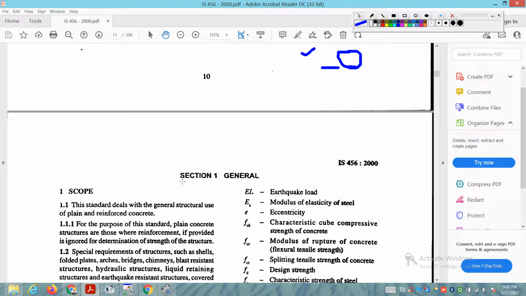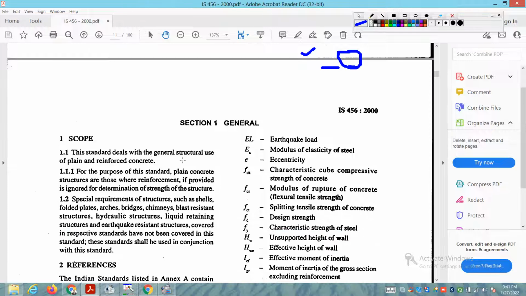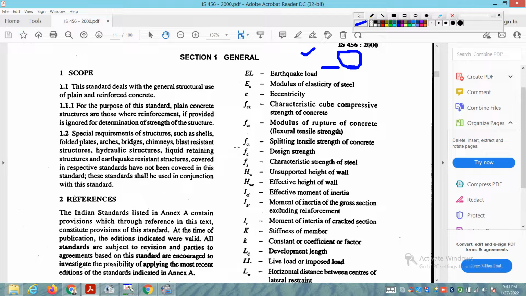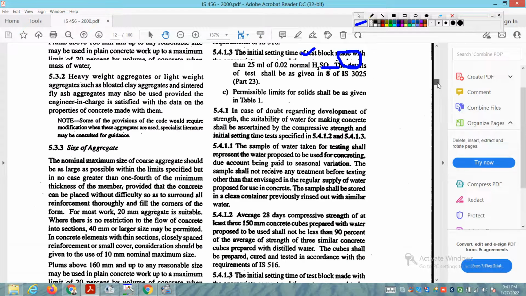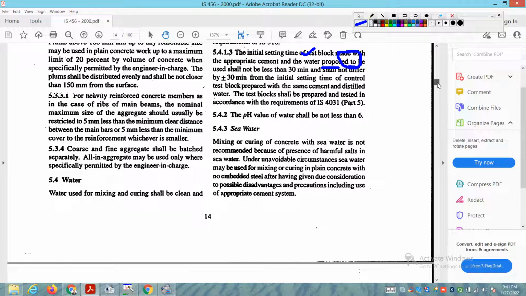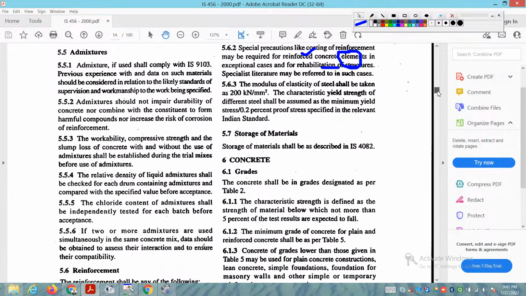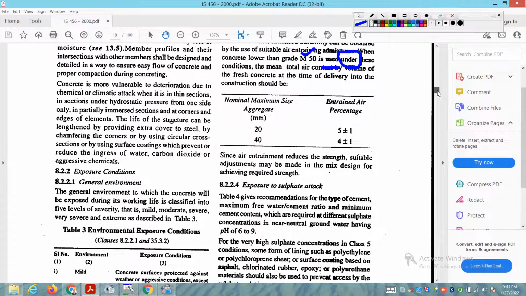So you all have to actually refer. It's not possible for you all to read the whole IS code in a day or in a week, but at least turn the pages and try to see what chapters are included in IS 456, what values they have given, and what standard practices they have mentioned.